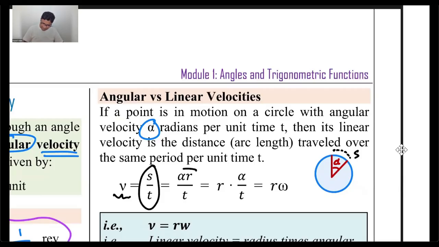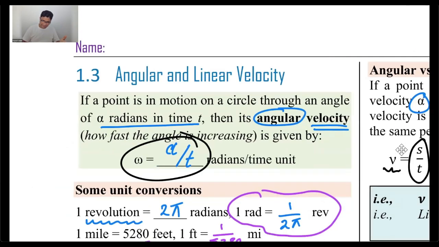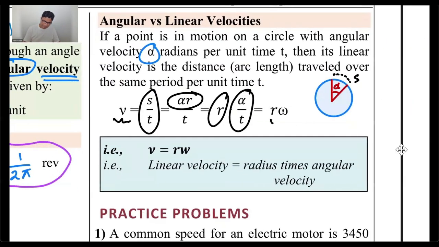Now we know this arc length formula, S is alpha R. So alpha R over T. Then you isolate that R, we are left with alpha over T, which is the definition of your angular velocity. Hence R omega. So what do you get? V equals R omega as your equation.